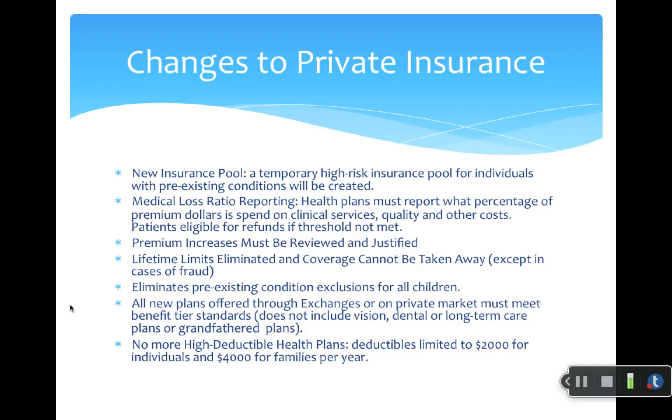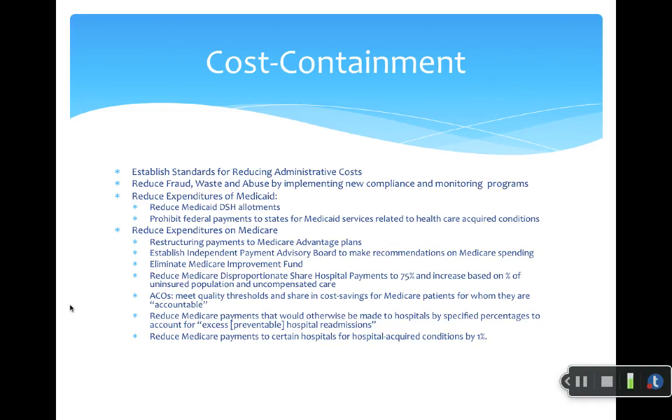Those high deductible health plans, $5,000, $10,000, $15,000 deductibles, are no longer legally sold in the United States. Instead, the deductible cap is limited to $2,000 a year for individuals and $4,000 for families per year. So you cannot buy through a federal or state-sponsored health insurance exchange a plan that has a deductible that's higher than that. So that's another really important piece of ensuring the affordability of the healthcare system and of health insurance in the United States.